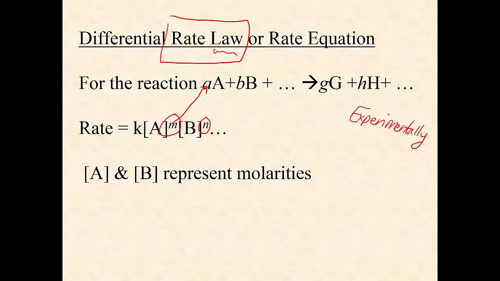With a rate law, they are not the same. You cannot use a balanced equation to determine your rate law. Now, they might coincidentally be the same, and sometimes they are the same. That just is going to be determined by the rate determining step, which we will talk about in a couple days, but you don't know that.